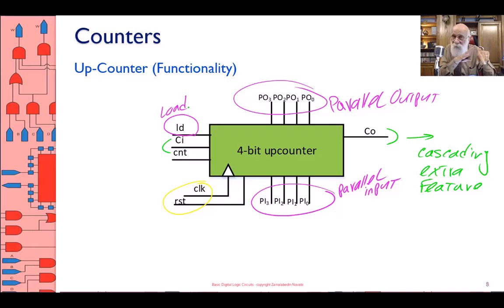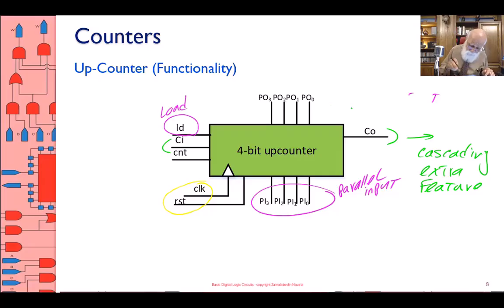Probably because counting requires other conditions, which I'm going to talk about in a few minutes. So the parallel input and the load, they work hand in hand. And the parallel input with the load is what goes into the output.